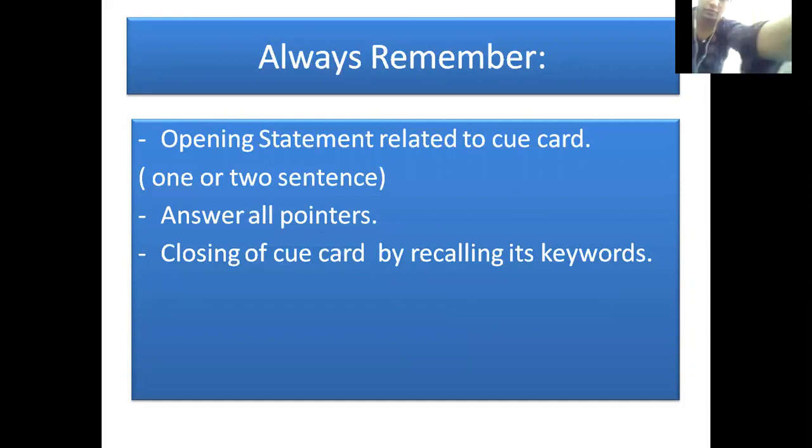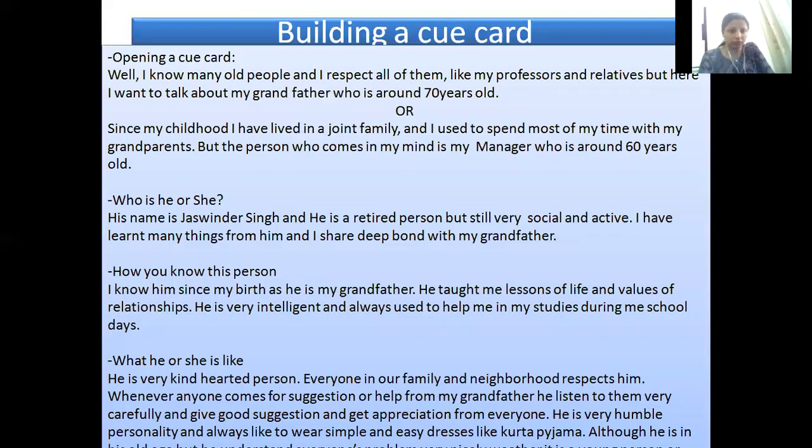So next is how to build a cue card. Again, I have written all the pointers and their answers, showing how you have to prepare it. This is what you have to do in the initial stage when you have just started doing speaking in IELTS.